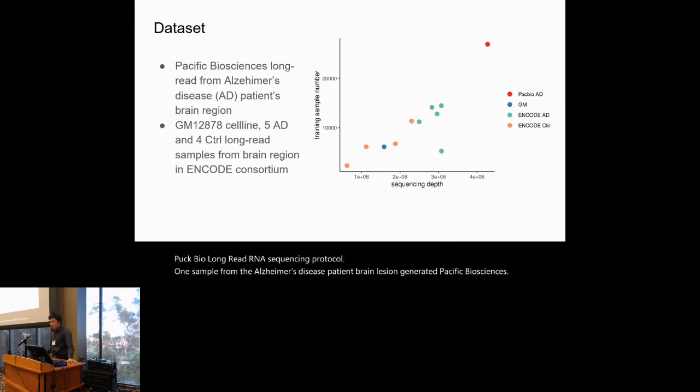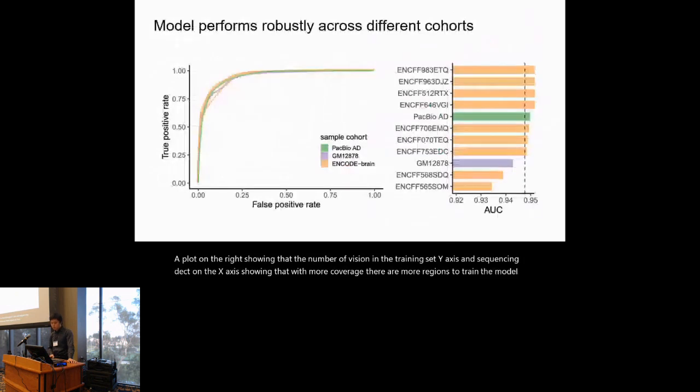One is a GM12878 cell line from ENCODE, and five Alzheimer's and five control brain region samples are also from the ENCODE consortium. The plot on the right shows the number of regions in the training set on the y-axis and sequencing depth on the x-axis, showing that with more coverage, there are more regions to train the model with.